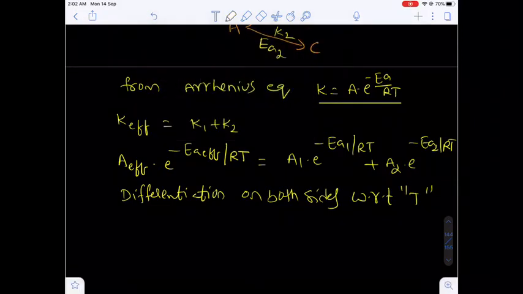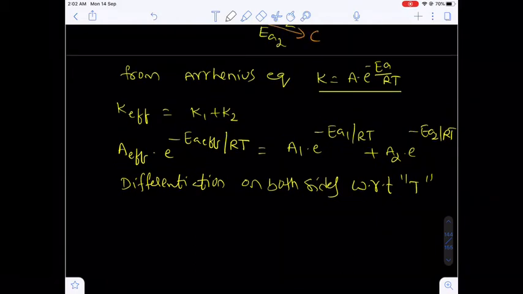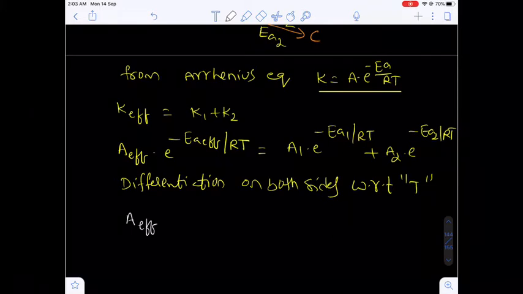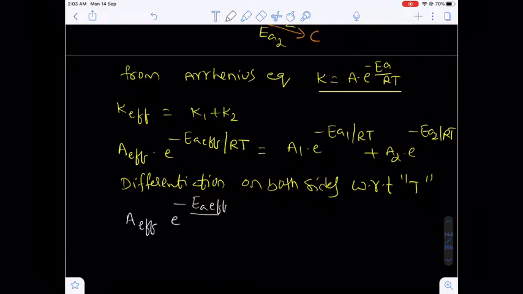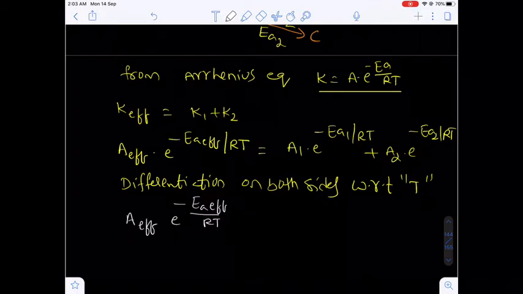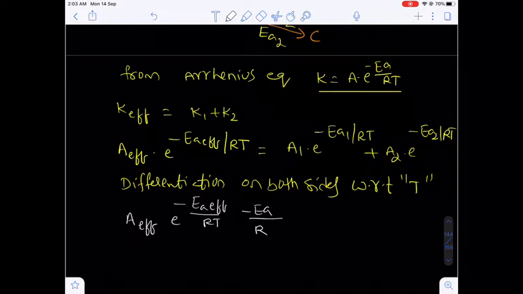A effective, the frequency factor, is a constant, so I write it as it is, into e to the power of minus EA effective by RT. Next, in differentiating EA by RT, we get minus EA by R into 1 by T, and the derivative of 1 by T becomes minus 1 by T square. Are you getting my point?